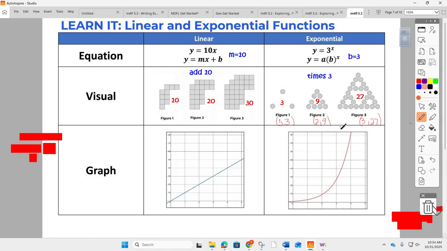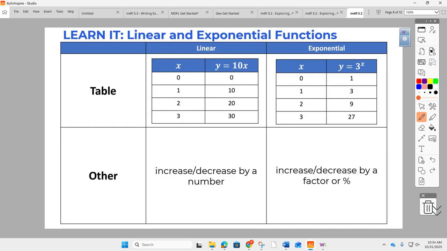You guys have a box that I don't have on my notes, so we're going to leave that one blank. So this is just kind of to summarize the difference between the linear function or equation and exponential function or equation. And that's basically what we just talked about. I don't think you have that one on yours.